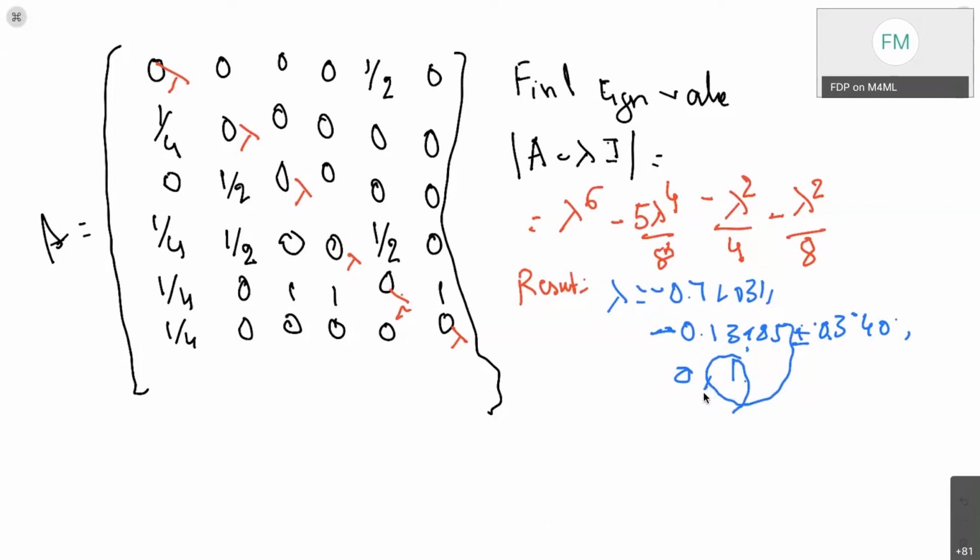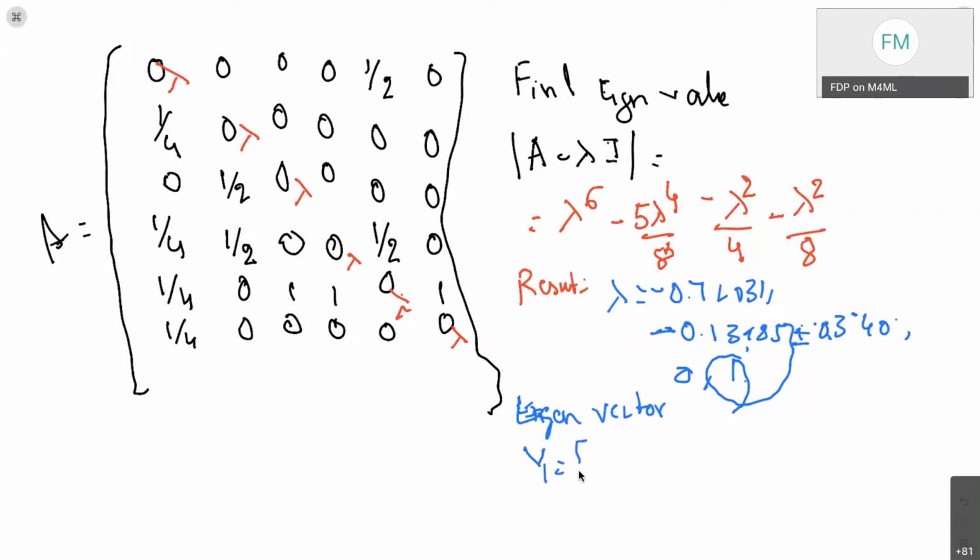So for this we'll calculate the eigenvector. We'll have v1, v2, v3, v4, v5, v6, and we'll try to solve this.